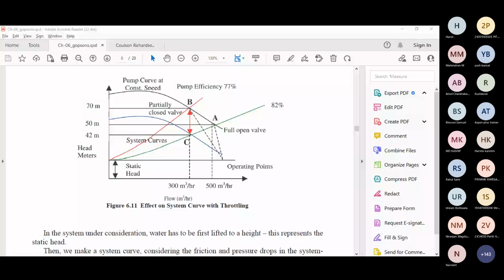So if you throttle the discharge valve for a short period, then it is not an issue. But for a longer period, if you keep on throttling the discharge and keep it as it is, then your pump will be operating far away from the BEP.